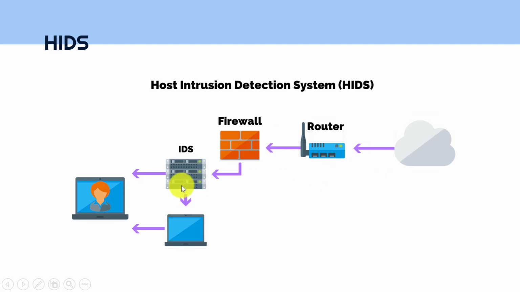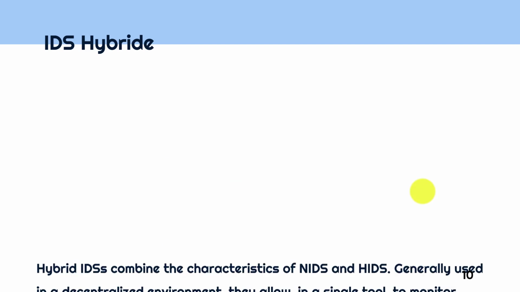This is the place of HIDS. This part checks the incoming and outgoing packets and the system file, and the last part is alert the administrator network.